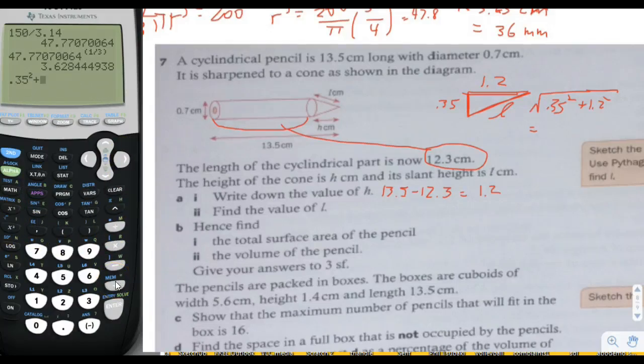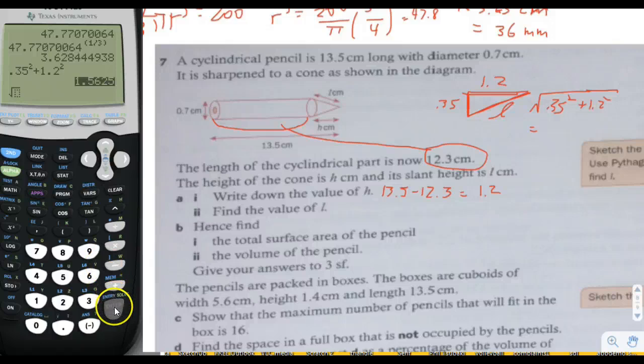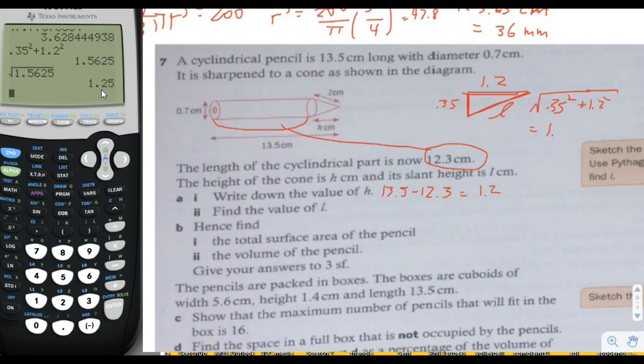Then we take the square root of that to find the slant height, which is 1.25.